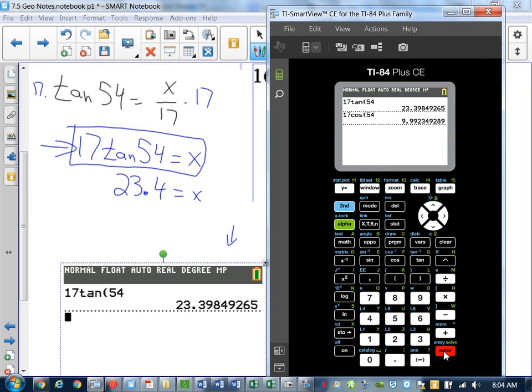This is a generic way of writing this out. This value of trig means it could be sine, cosine, or tangent. It doesn't matter. It's one of those. The x is the variable in the numerator. Could be an opposite, could be an adjacent. If it looks like that, you will always have the following step for a solution. Whatever the number is in the denominator, times your trig of theta, which is that angle they give you, will equal x.